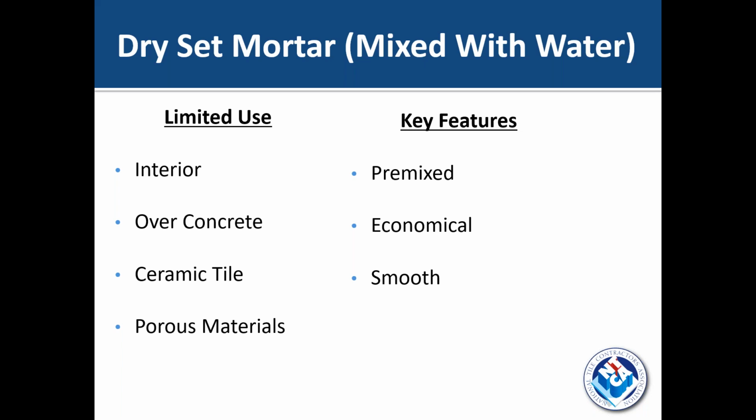They have some advantages, but they are limited in terms of where they can be used. So they're primarily for interior over concrete, so with very porous substrates, for ceramic tiles and so forth. The benefits of the pre-blended ones are that they're much more consistent than the old site mixes, and they have a much smoother consistency, and of course they are economical.